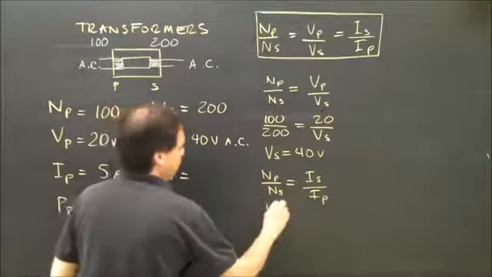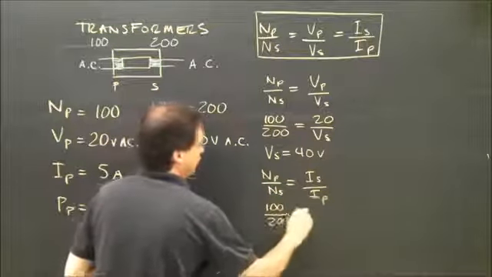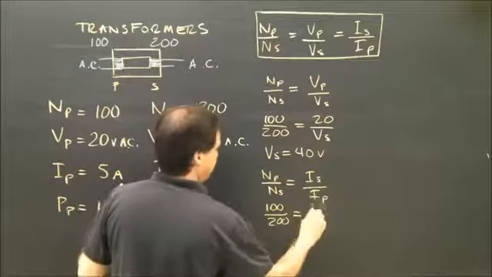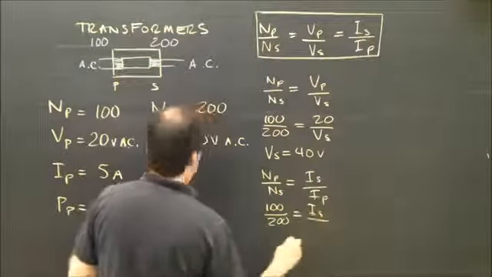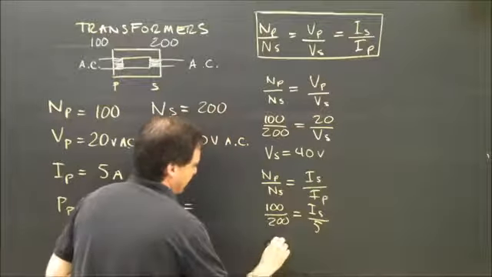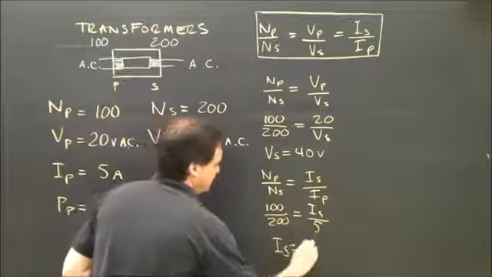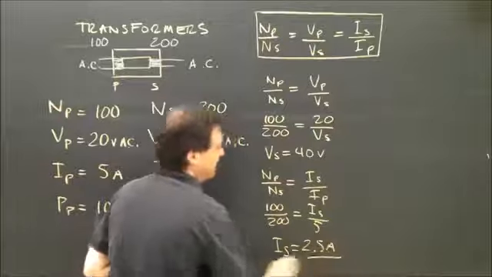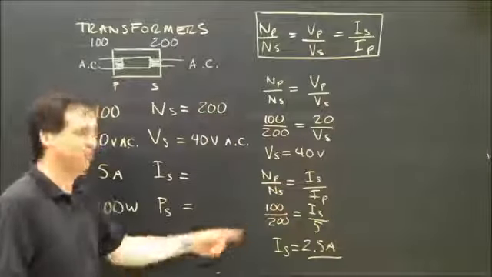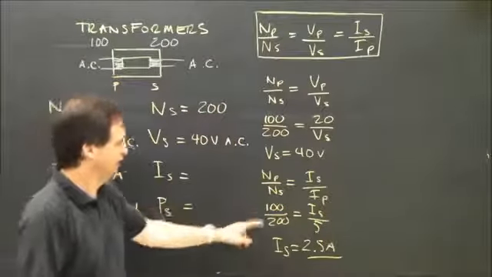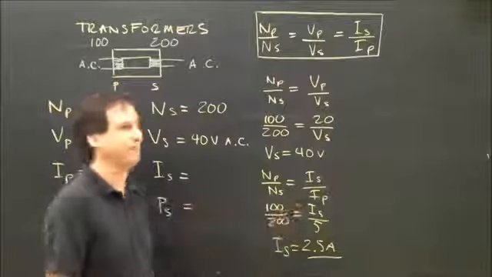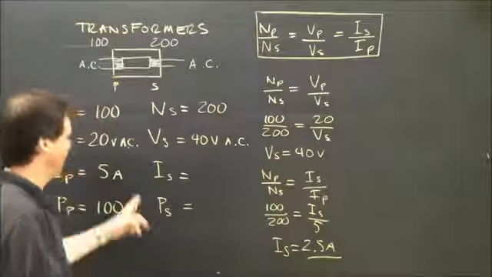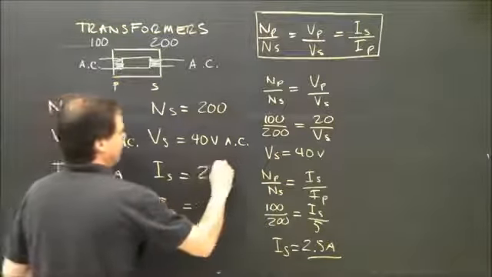So we get 100 over 200 equals current in the secondary over 5. Rearrange that. Current in the secondary should be 2.5 amperes. So you can work that out. It should work out. Yeah, it should. Half of that, they're equal. Okay? Now, current in the secondary is 2.5 amperes.